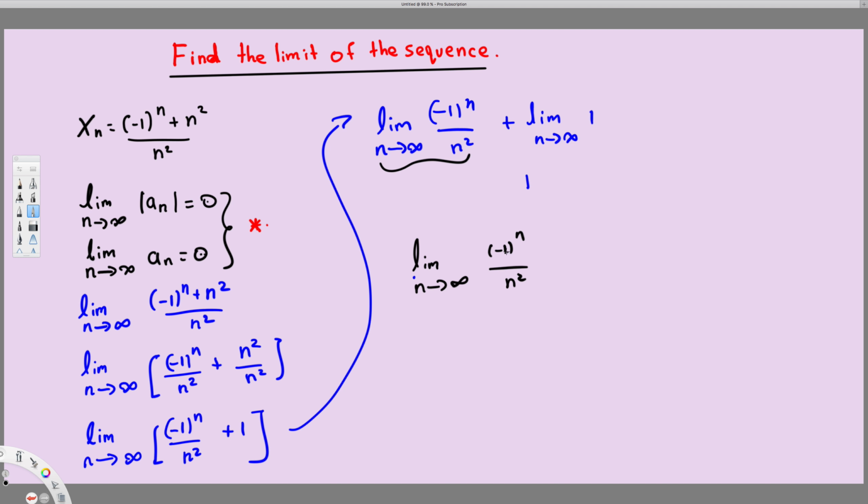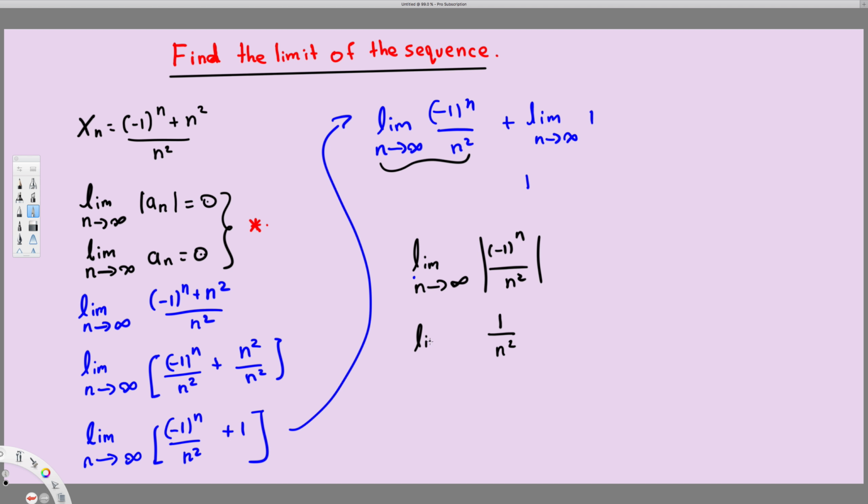What's going to happen if we apply it? Whenever we have an odd power, that's going to be a negative value, and whenever we have an even power, that's going to be a positive one. So it's going to be changing like that again and again. If I take the absolute value, this is just going to be plus 1. So here we are going to have 1 over n squared.